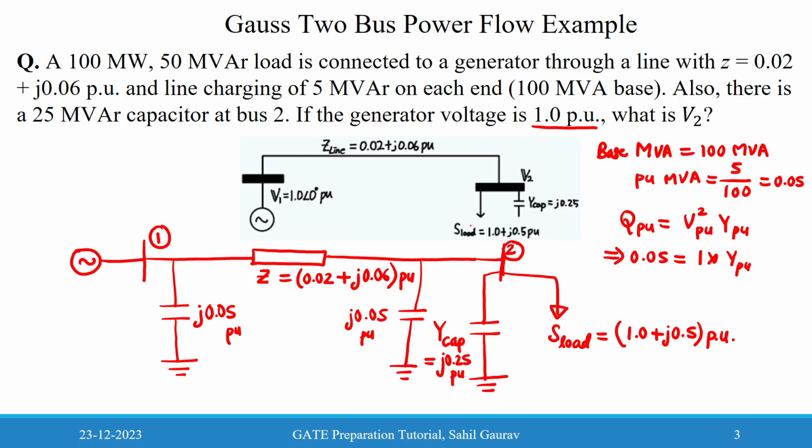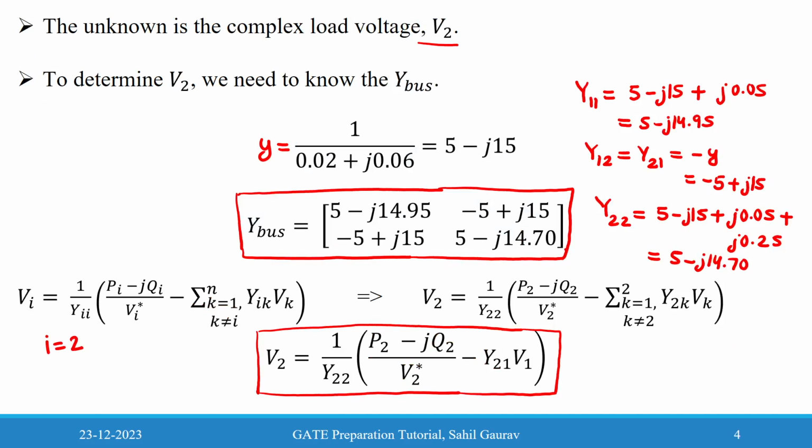So we are given this load power, that is the demanding power. These powers are not being injected at the bus. In the general expression, these values are for the power injection at bus i.